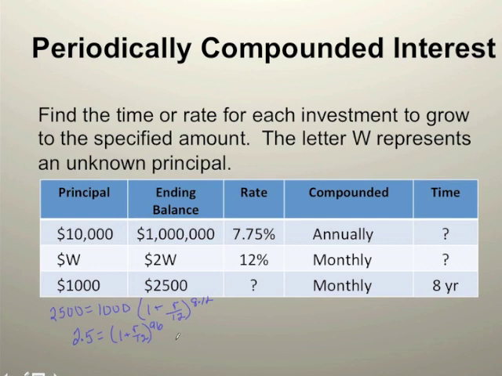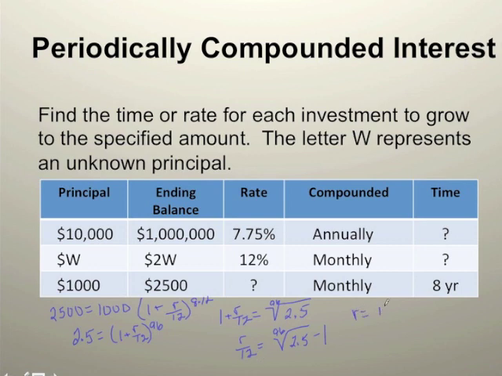And what we'll do is take the 96th root of both sides. We'll have 1 plus r over 12 equals the 96th root of 2.5. So r over 12 equals the 96th root of 2.5 minus 1, and then multiply by 12.